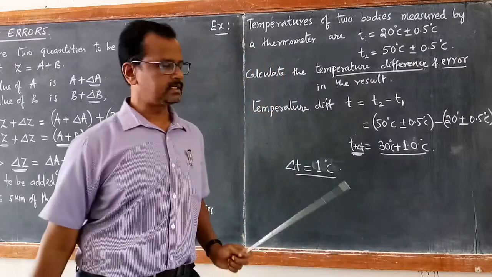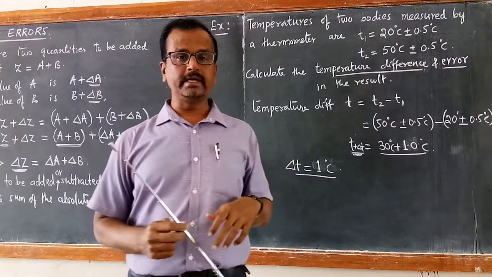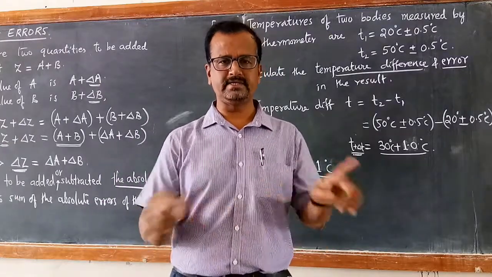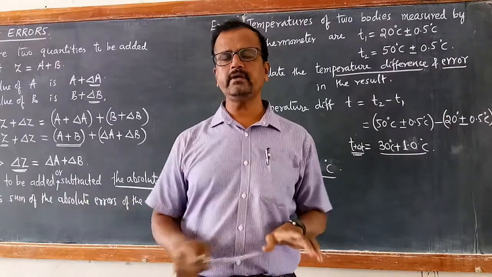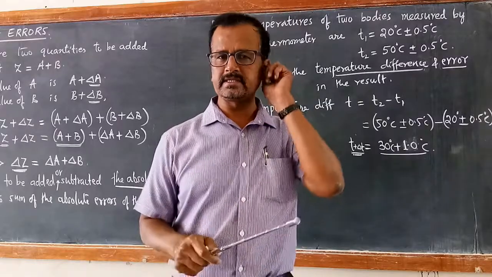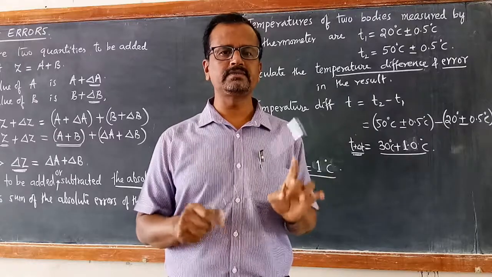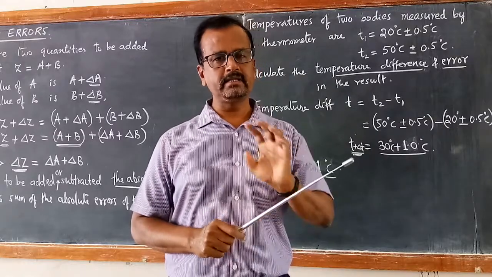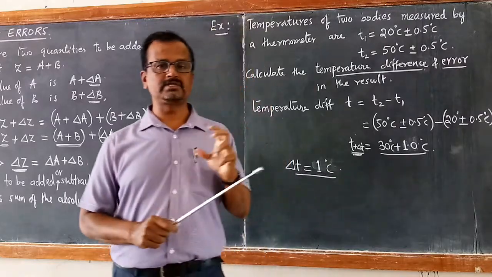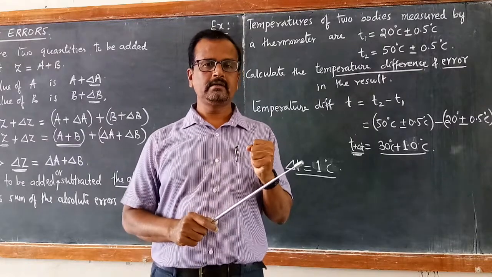This is the result. Now, suppose two quantities are to be multiplied, like for example, calculation of the surface area of a rectangular surface. If you want to calculate the area, then we know length into breadth gives us the surface area. Length will also have an error and breadth will also have an error.